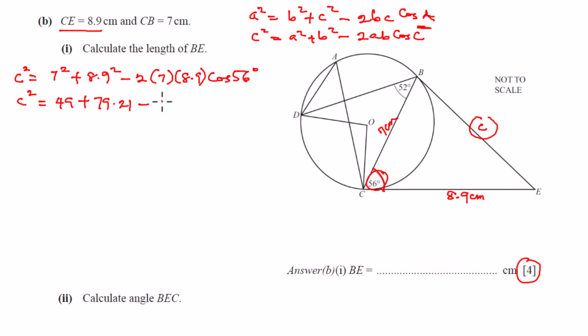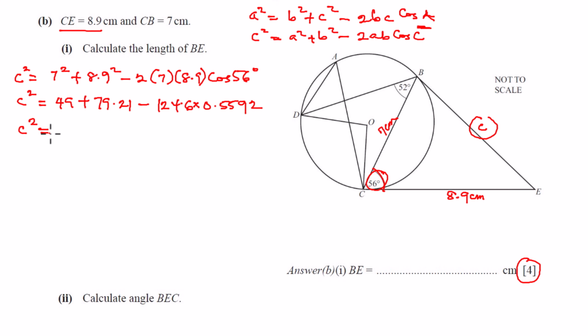For this, I am getting 124.6 times cos 56, and cos 56 is 0.5592.